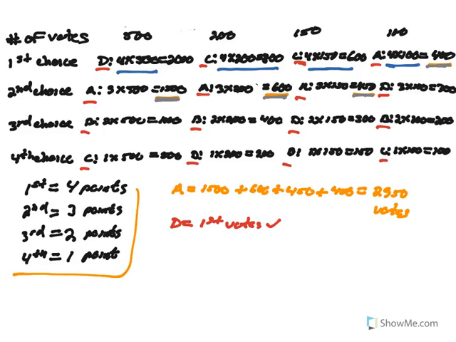So it's going to be more than D. The number of first choice votes for D in that first row is 2,000. Well, 2,000 is a lot less than 2,950, right?